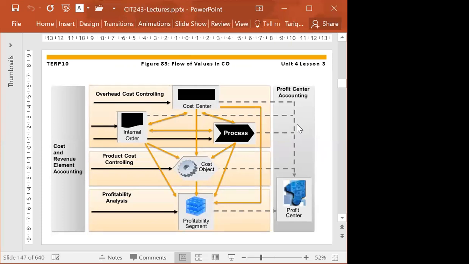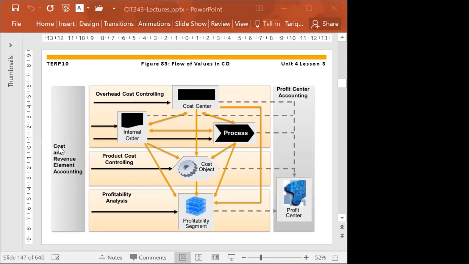We already discussed that, but let's talk again here. If you see on this part, we are having cost and revenue, cost accounting, cost element accounting, and revenue element accounting.